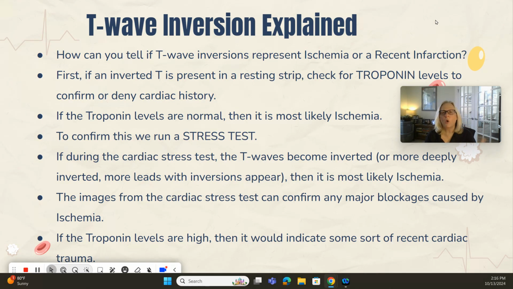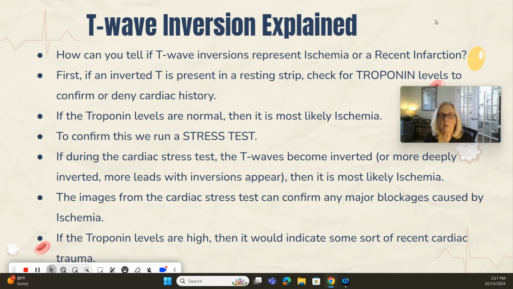So troponins we only pull when we suspect some sort of heart damage. And you or I having troponin levels would be negative, almost zero, or really low compared to anybody else. Okay? So if the troponin levels are normal and we have those upside down T's at rest, then it's ischemia.